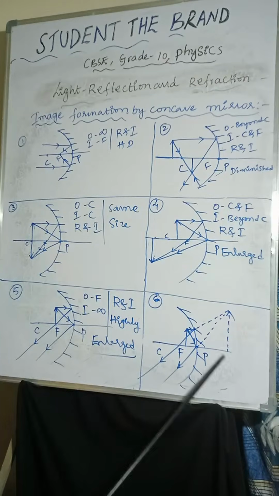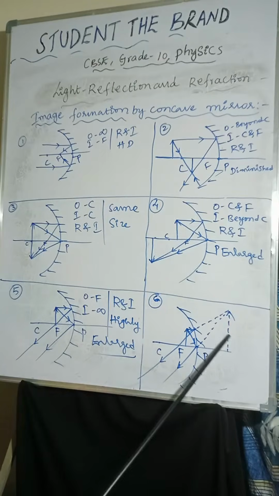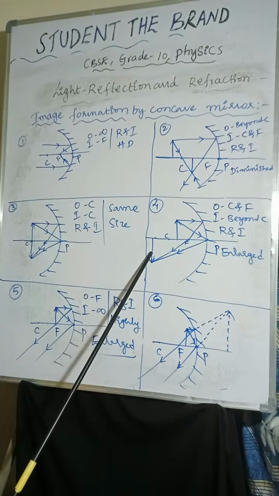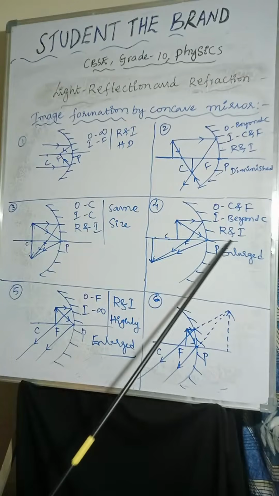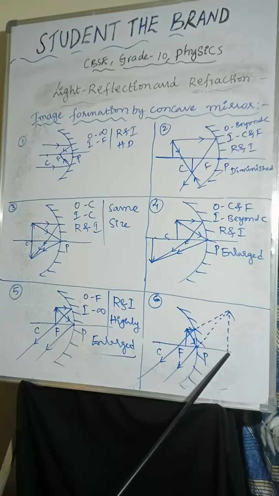Virtual, erect. So if you observe these two cases, fourth and sixth, in the fourth case, image is real, inverted and enlarged. Here, virtual, erect and enlarged.